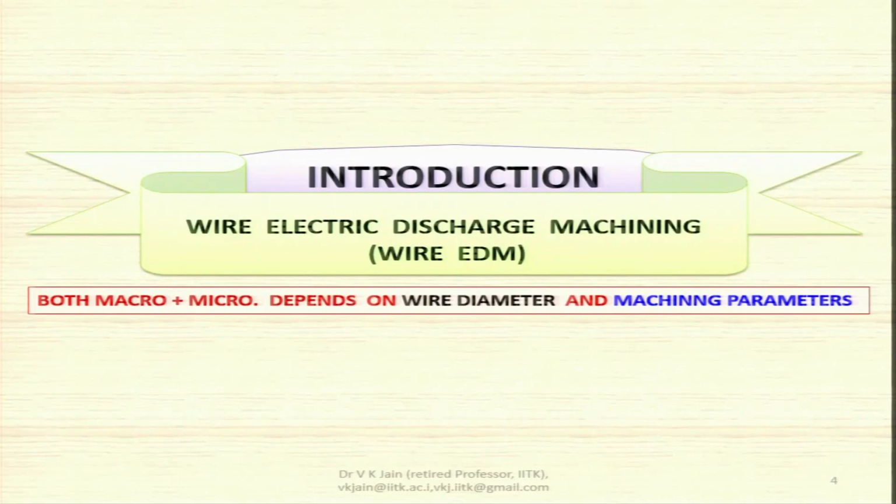At many places I have written just wire EDM. It does not simply mean macro wire EDM, it also includes wire EDMM, which depends again upon wire diameter and machining parameters. Wire electric discharge machining.